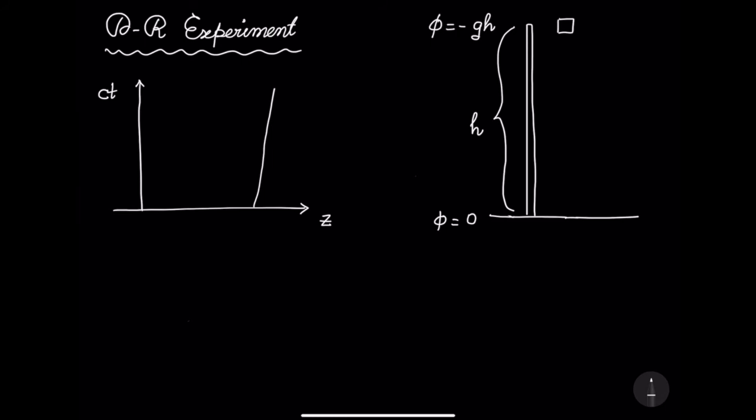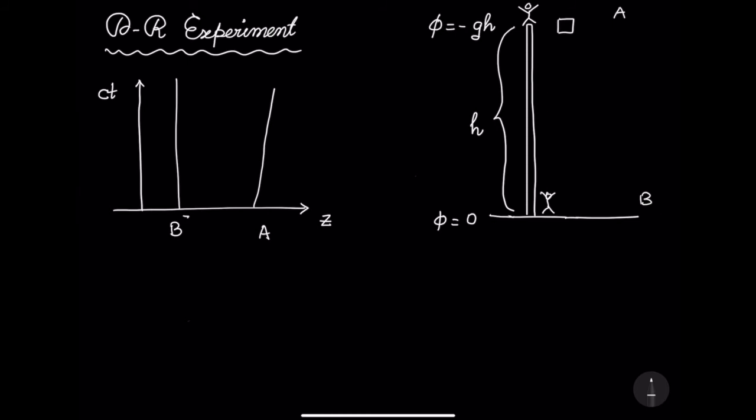So this is the world line of an observer standing here. I call this A, and another observer here we call B. There are two different observers. Their world lines are like this.